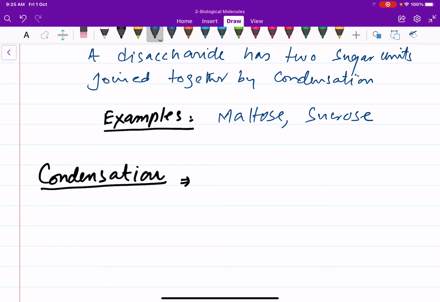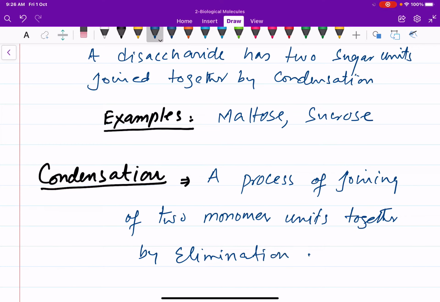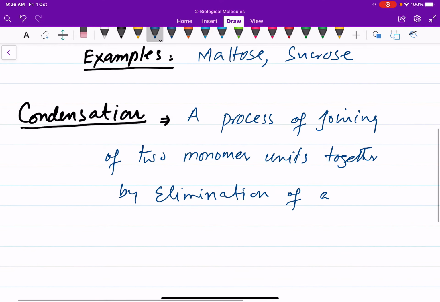Condensation is a process of joining of two molecules together, or maybe two monomer units together, by elimination of a water molecule.